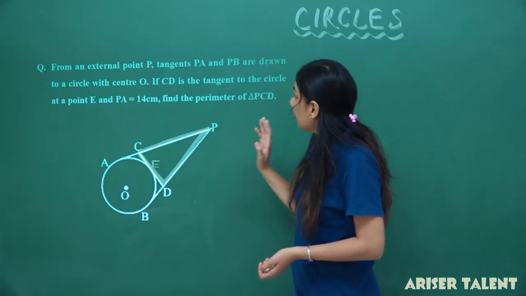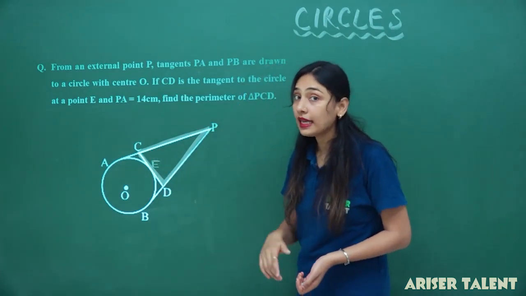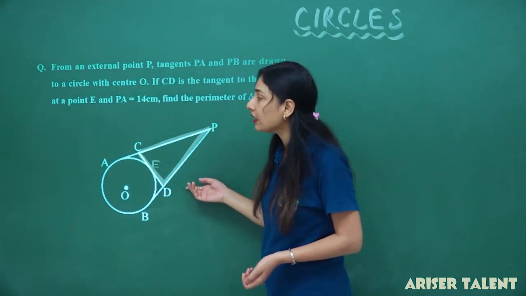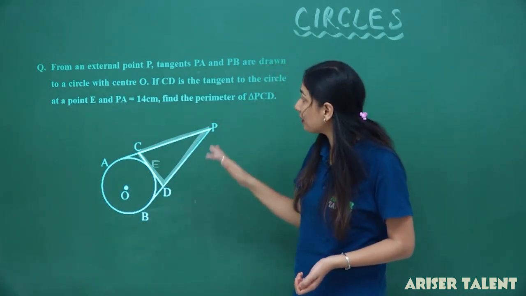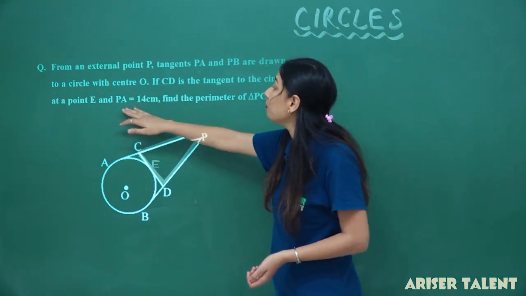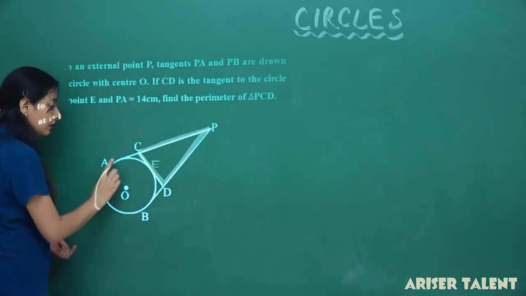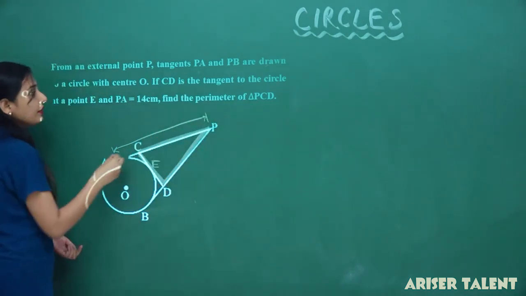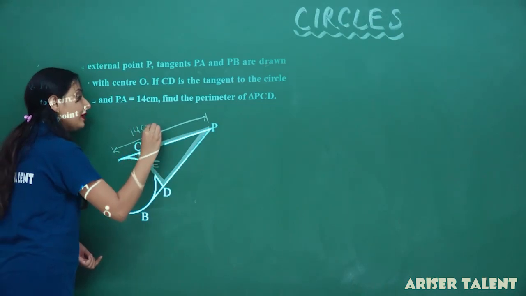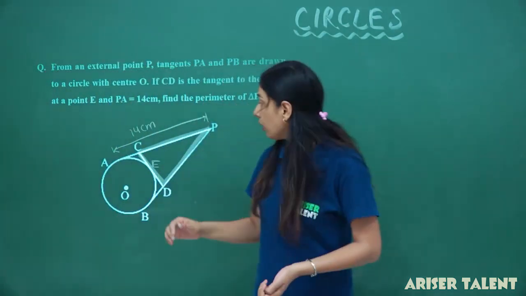If I add CP, PD and CD, then I'll have the perimeter of this triangle. Now the question arises, how will I do that, because I am provided only with PA, which is 14 centimeters? This is the only information provided.